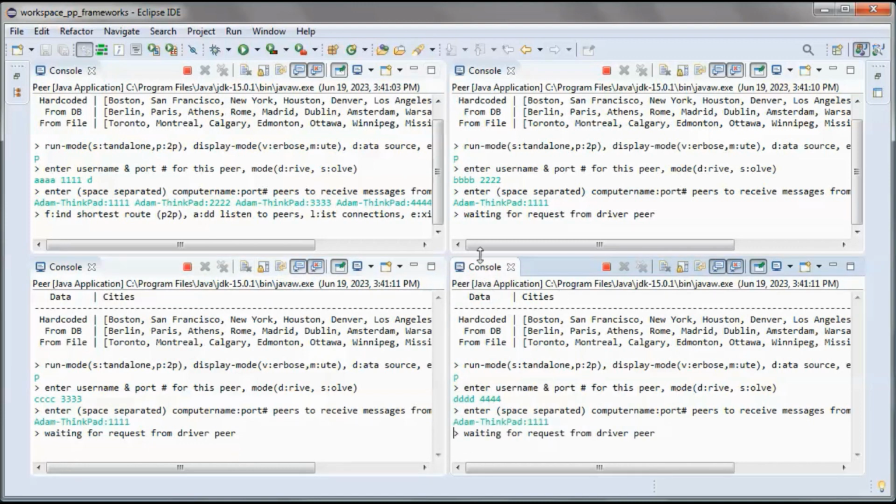So all three non-driver peers are waiting for requests from the driver peer.